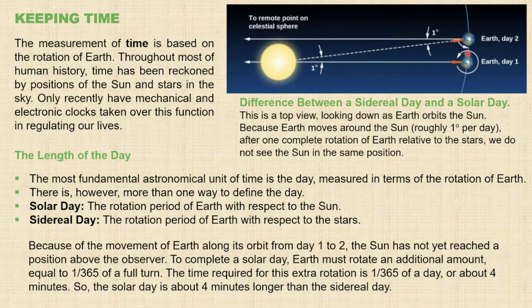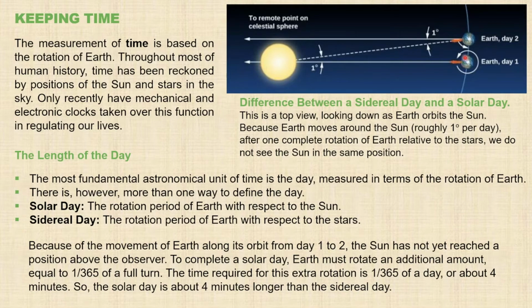And so the Earth reaches that point on day two. So we can say, okay, from this time, a line joining the Earth to the sun, we start there, and the next day, when the Earth has moved some distance, we call from this point to that point one solar day.